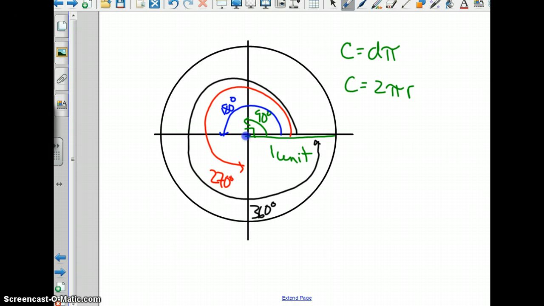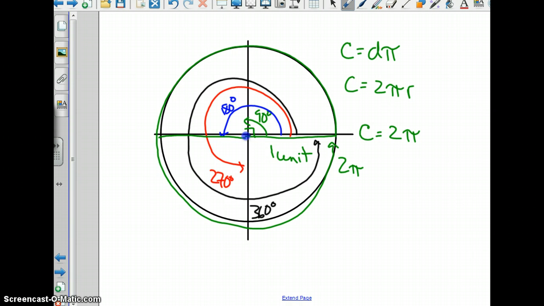The diameter is all the way across the circle, so not just 1 unit here, but in this case it'll be 2 units. So the distance around the whole circle, the circumference, would be 2 times pi. So the distance all the way around this circle will be 2 pi.